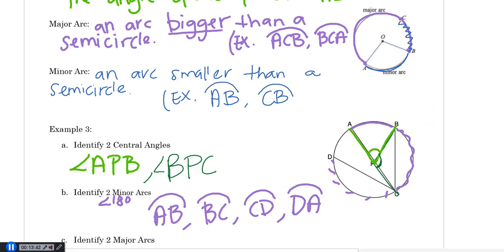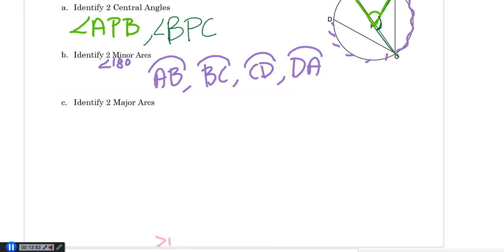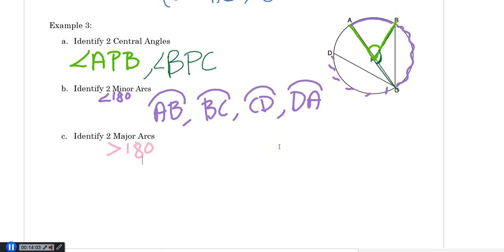Next using the circle is identify 2 major arcs. So major arcs have to be greater than half of our circle. Right, so bigger than 180 degrees. So if we go bigger than halfway, remember you also need to use 3 letters. So that's something that you need to just keep in mind when you're stating whatever our arcs are.